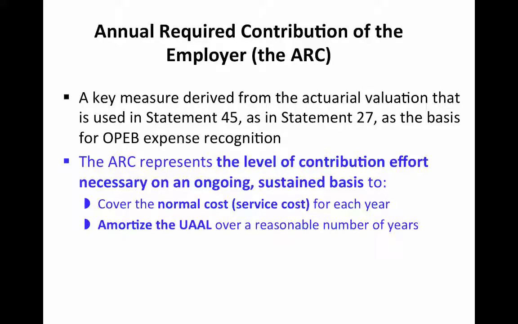Let's say they amortize over 30 years. In simple terms, you're saying 1/30th of the unfunded liability plus the normal cost for the period. That's your ARC. And if you were to contribute that each year, you'd eventually get to full funding or stay close enough to it that you'd always have sufficient resources in the plan to make the benefit payments when they come due.